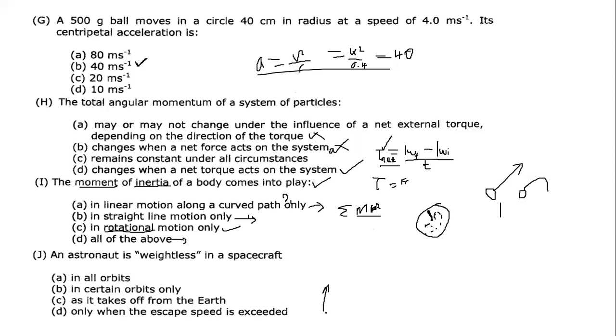Sometimes you may feel double your own weight, sometimes 5 times your own weight, depending on the acceleration. Escape speed only gives us the amount of thrust so that when we escape Earth, we shouldn't come back to it again. So that is not the answer. That is not what will keep you weightless.